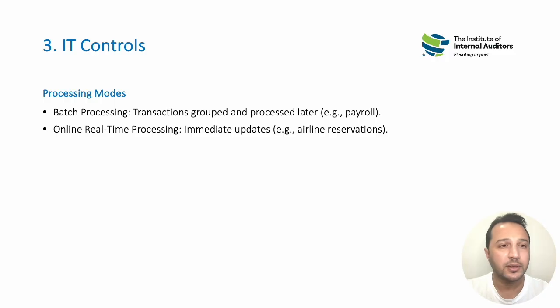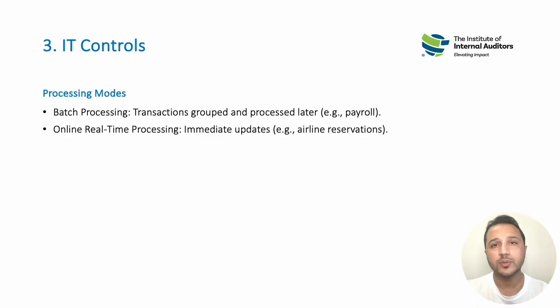In the earlier slide, we have discussed different types of IT general controls and application controls. It is important to understand another IT concept in terms of controls. Within the IT environment, either the transactions are happening in real time or at certain intervals of time, which is also known as batch processing.